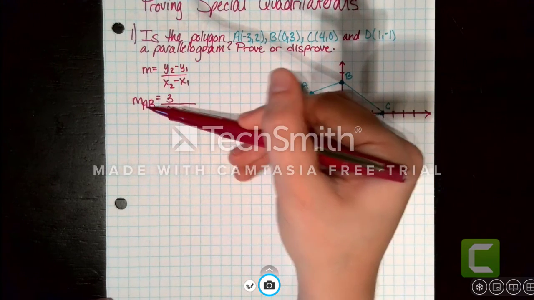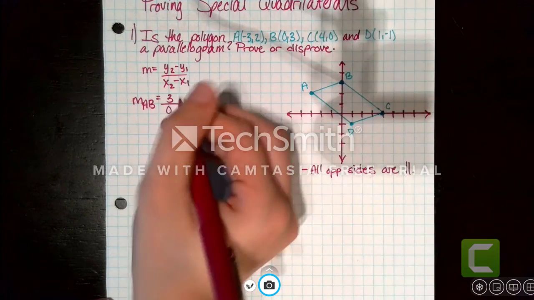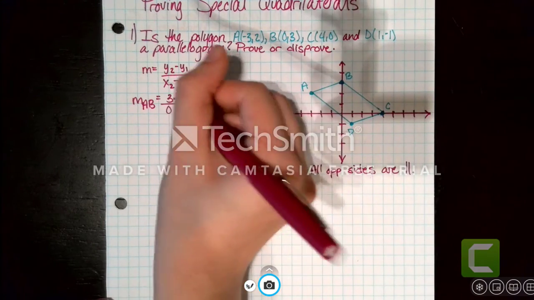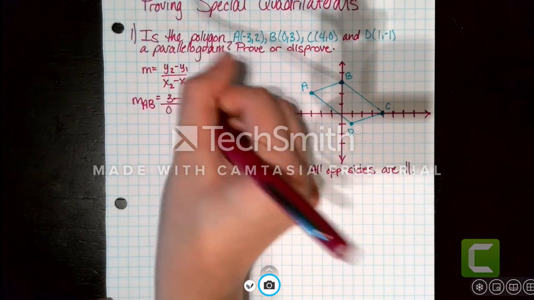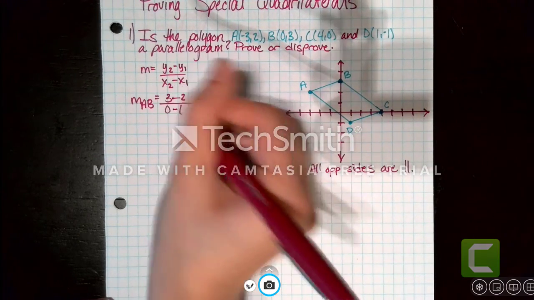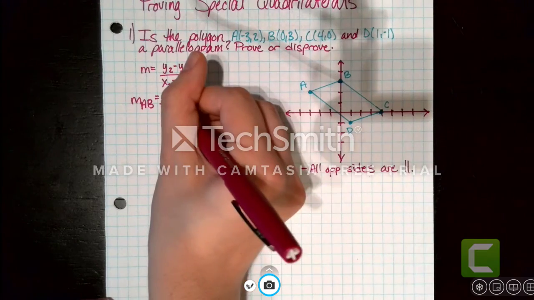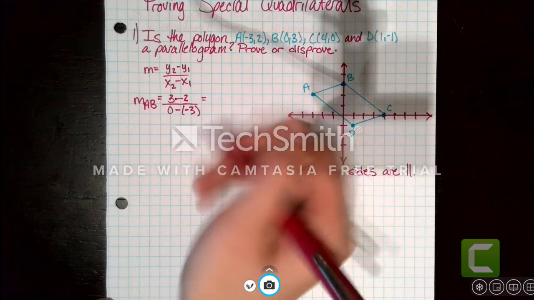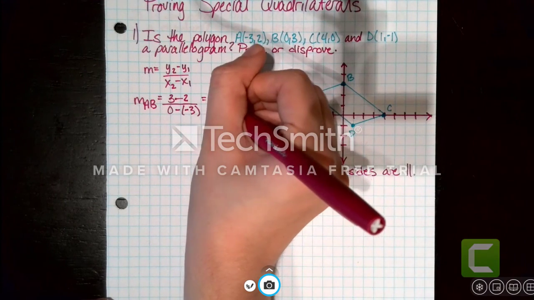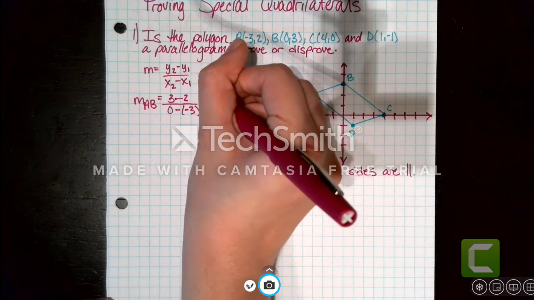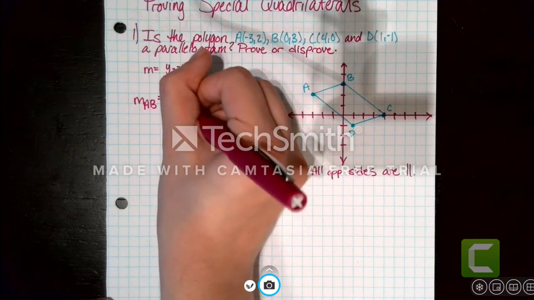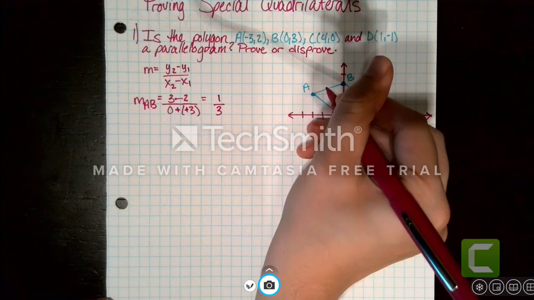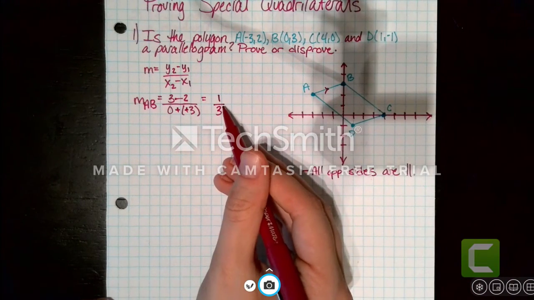Now we need to find the difference between B and A, which means we have to subtract on the top the y value for A, which is 2, and the x value for A, which is 3. If we solve algebraically, your fraction, or your slope, should come out to be 1 over 3, which means that your slope for AB is 1/3.